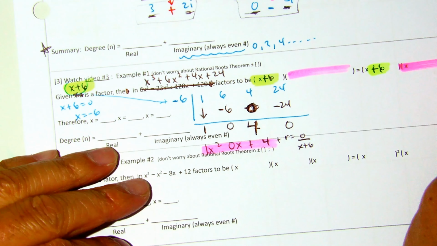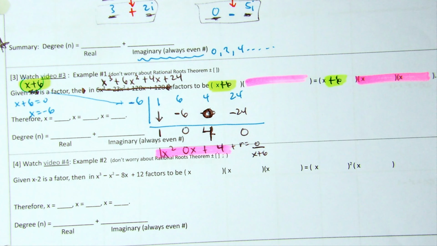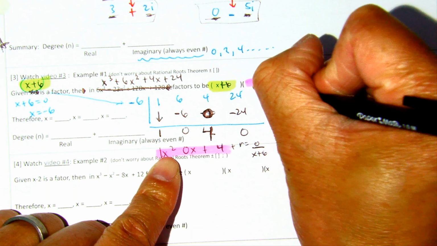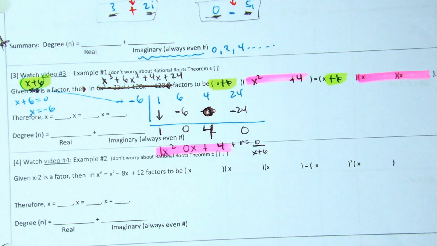Eventually I'm going to factor it again to get my binomials. So let's just write x squared plus 4 here. Okay, take 20 seconds, clarify any questions your partner has so far.